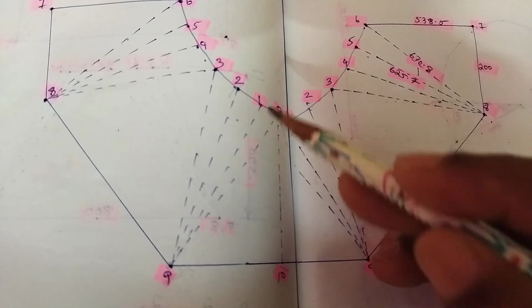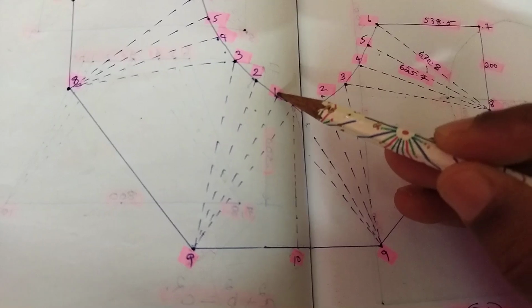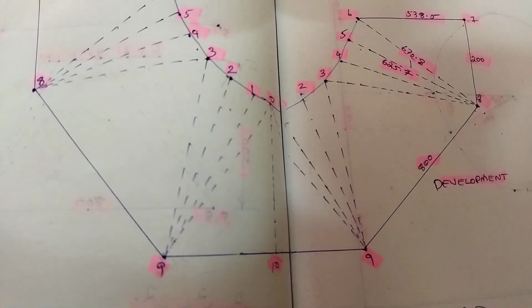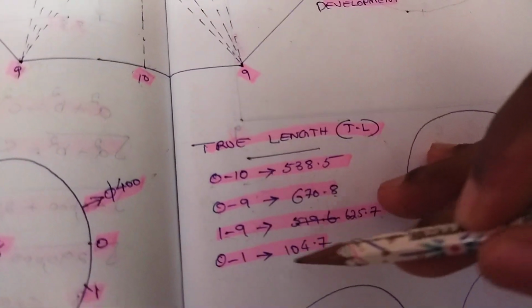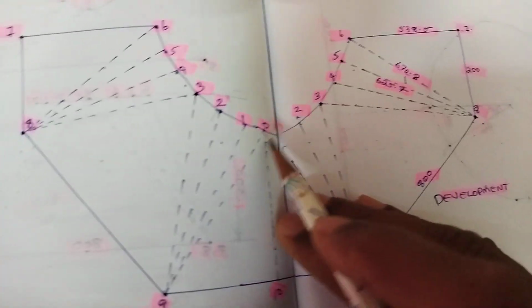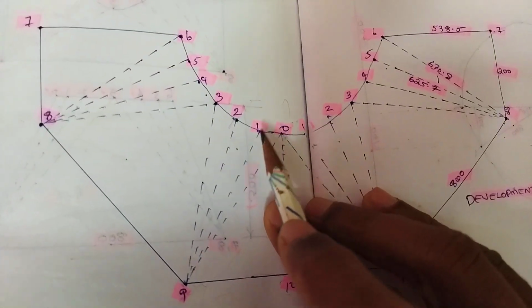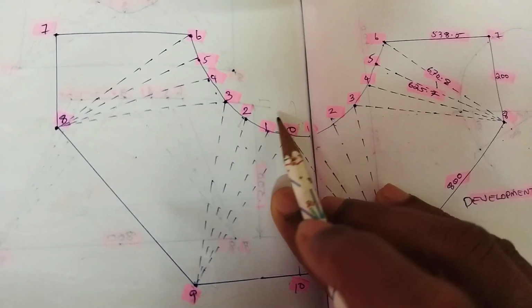For finding out 9 to 1, the measurement is there. 9 to 1 measurement has been marked. Where will it be crossed? For that purpose, for the 0 to 1 measurement, we used 104.7. We got 1. If we have got 1 here, we have got it here also. Again, we have to get the measurement of 2.